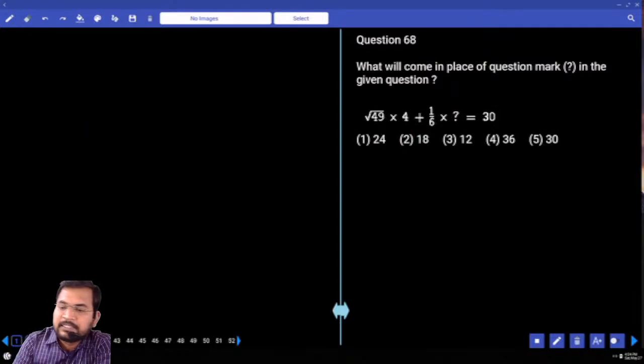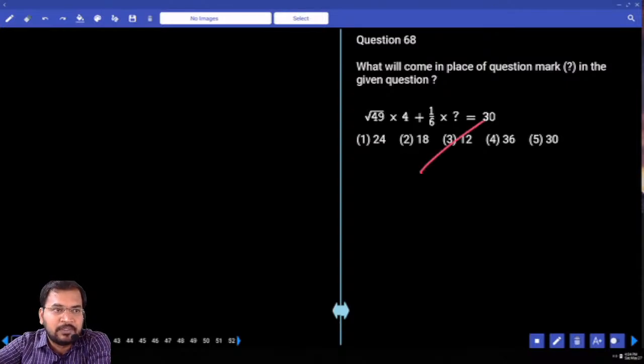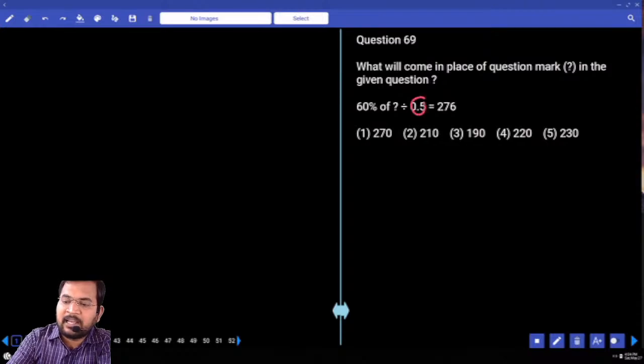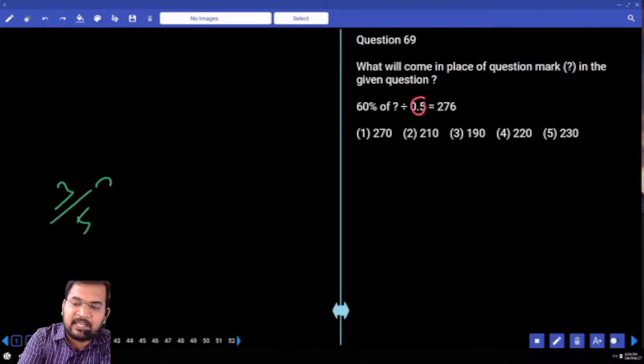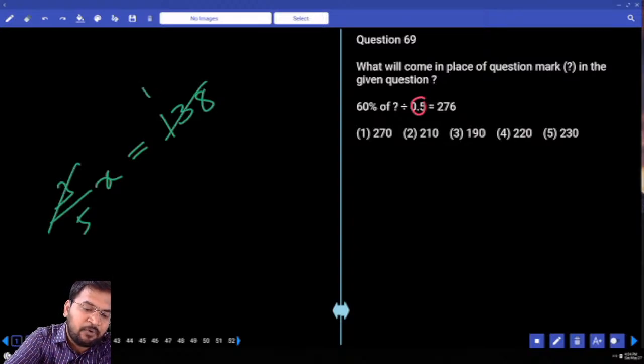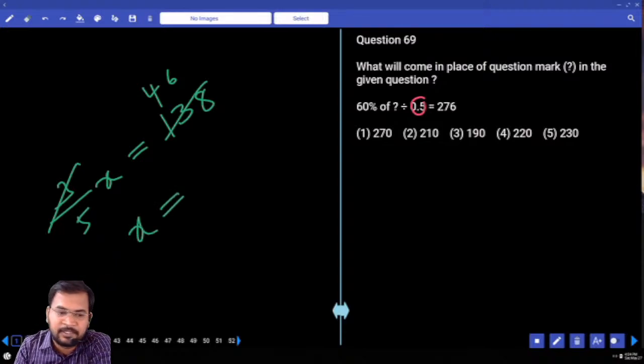7 4s are 28, subtract 28 from 30, so 6 into 2, your answer is 12. Are you clear? Next, 60% is 3/5 of x, and 0.5 comes to this side, and 276 half is how much? 276 half, 138. 3 how many times? 3 6s are, x is equal to 5 into 46, 230.